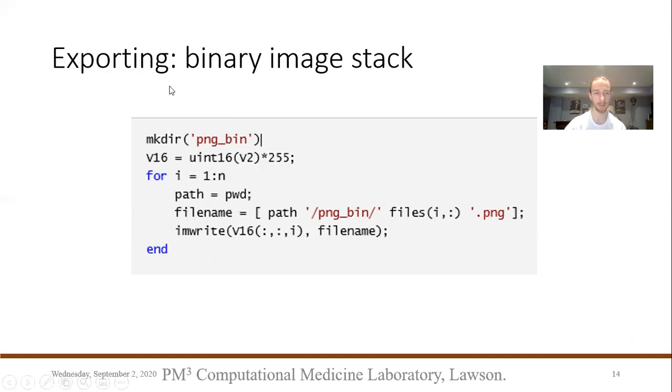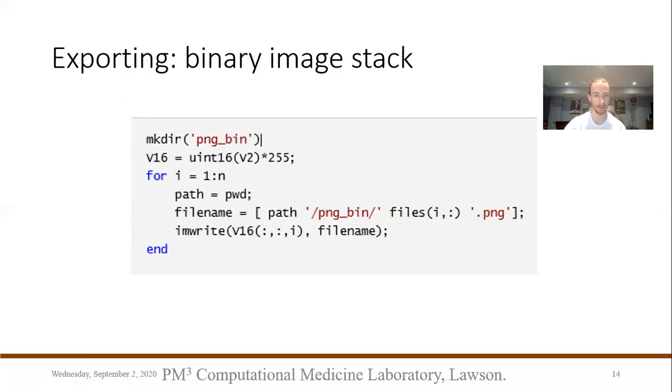So finally, exporting the binary image stack. This is going to be for our segmented image. What I've done here in this first line is create a folder called PNG bin. In the next line, I'm converting my binary volume into a 16-bit image stack.